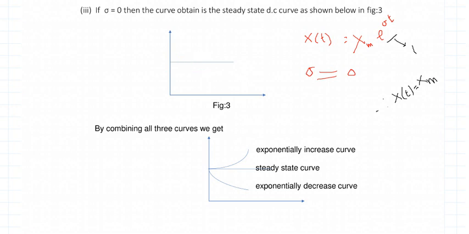So let us quickly revise what we learned. All the three cases we have shown here. Let us go back. What did we start with? We started with omega equal to 0 as the first case. With omega equal to 0, we understood that x of t is a function of x of m e raised to sigma t.